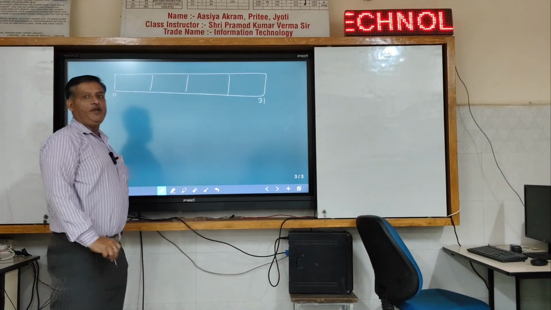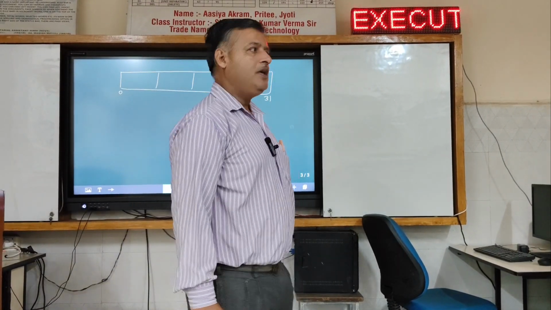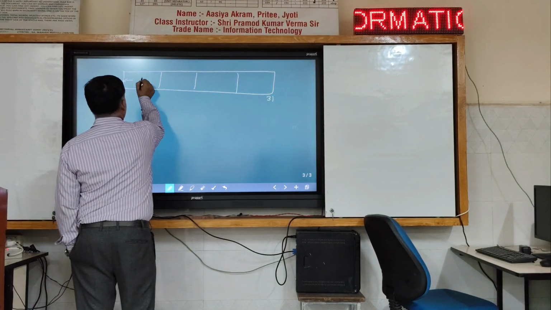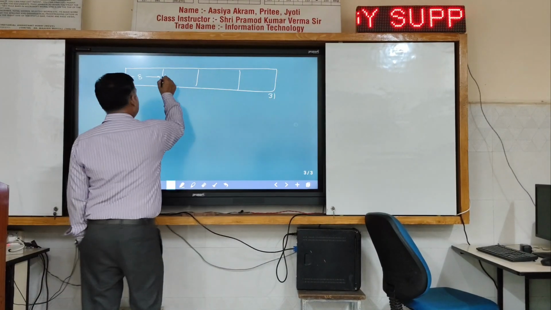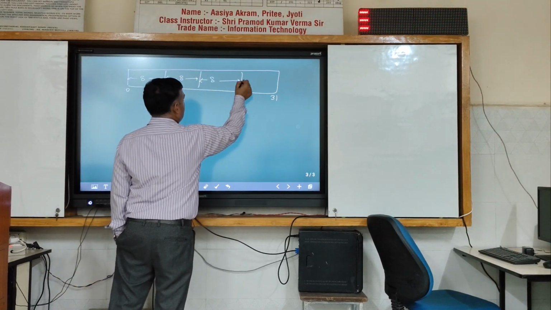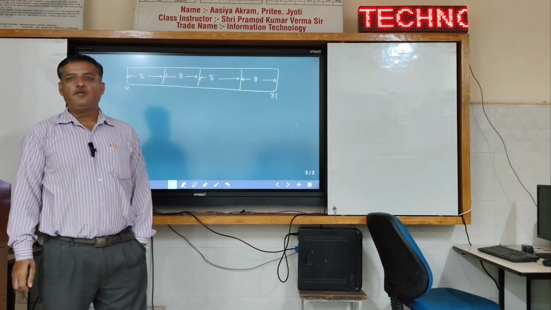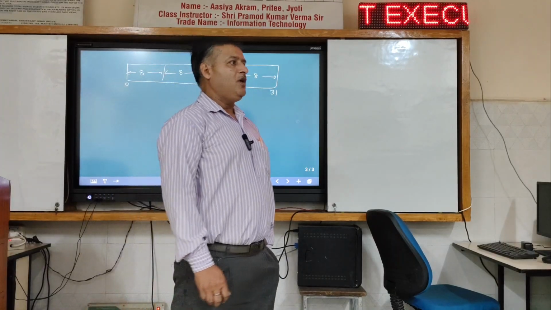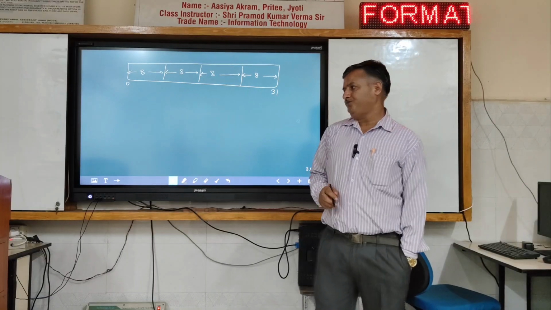That means 32 bits are there, and these 32 bits are divided into 4 octets. The first octet is this one, the second octet is this one, each one a byte, then another octet, and again the fourth octet. This constitutes a 32-bit system, and using this 32-bit system, all logical addressing is accomplished with IPv4.